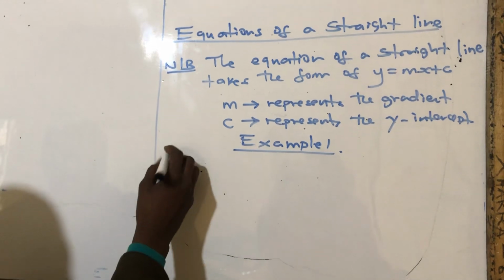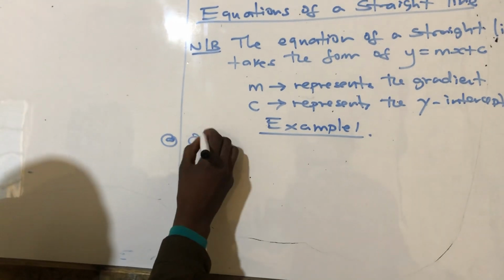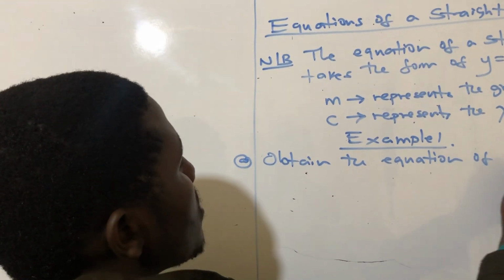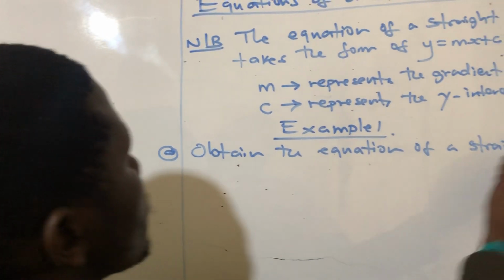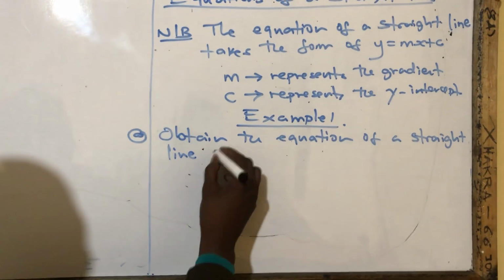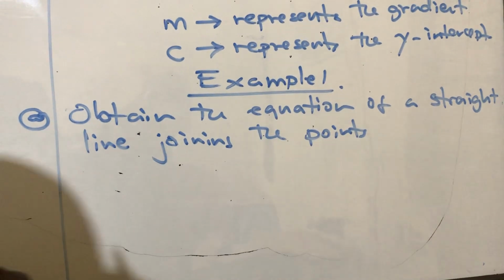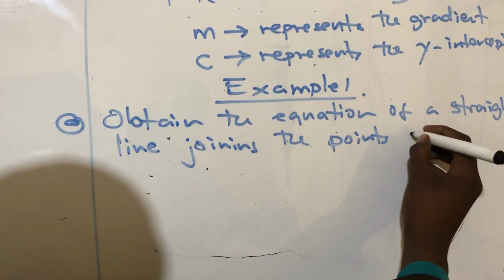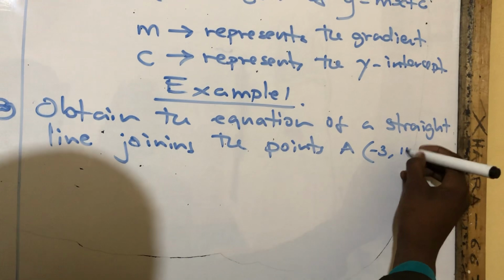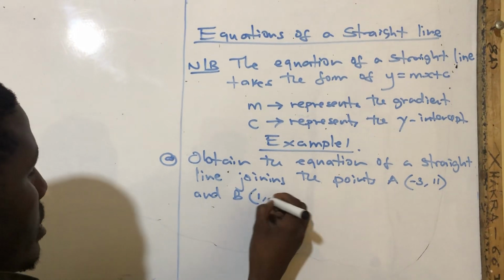You are told, obtain the equation of a straight line joining the points A, which is -3, 11, and B, 1, 3.